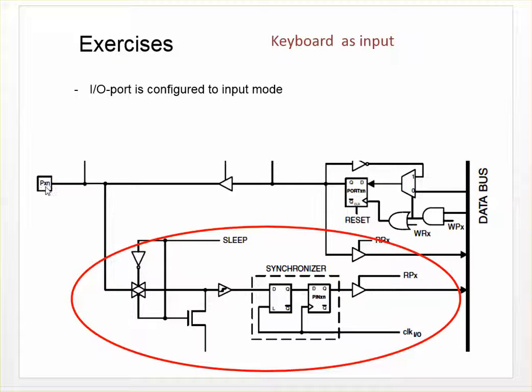But here are the pins. If configured as input, the signal goes from here through this circuit to here, then this 3-state buffer lets the signal to the data bus, and the CPU can read the status of the input pin. Of course, this output 3-state buffer is disabled when the pin is used as an input pin.